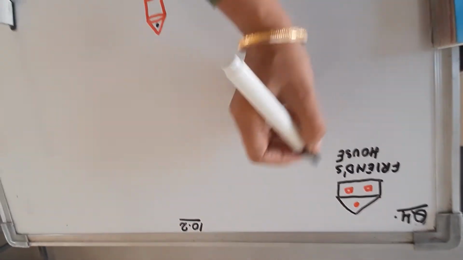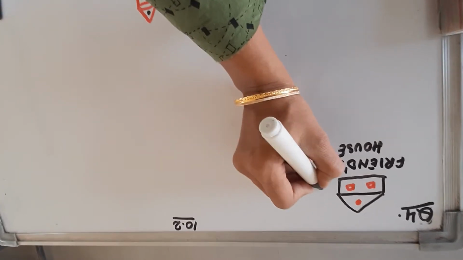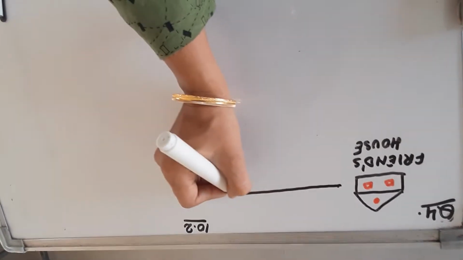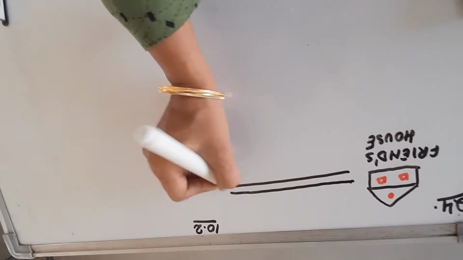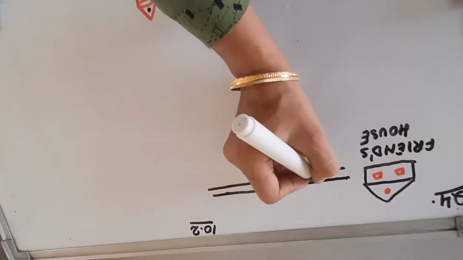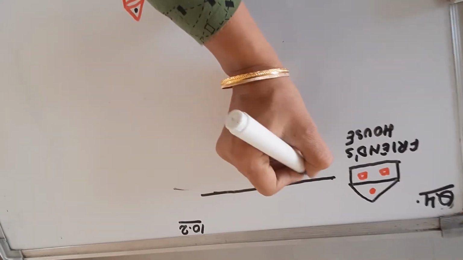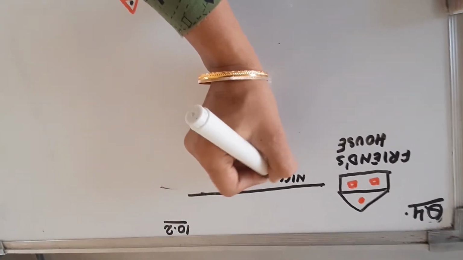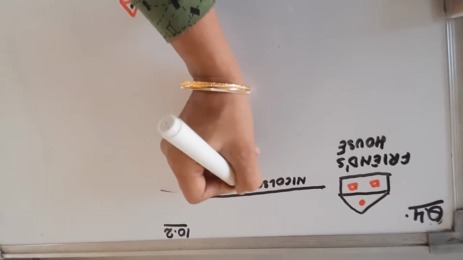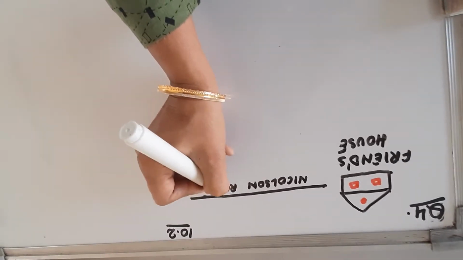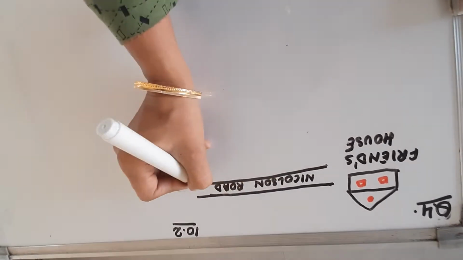So this is in Sadar Bazaar, so she starts walking. This is the road, so we will write it as a Nicholson road. This road we will write as Nicholson road. This is Nicholson road.